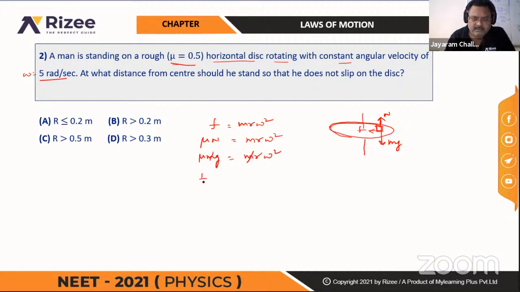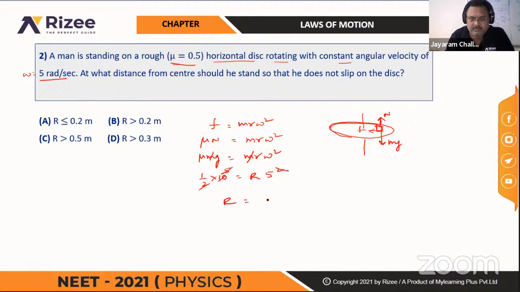Coefficient of friction is 0.2, or 1 by 5. I'm taking g as 10, so mu g is equal to r omega square. Omega square is pi square, so this goes 5 times, and the 5 can be cancelled.